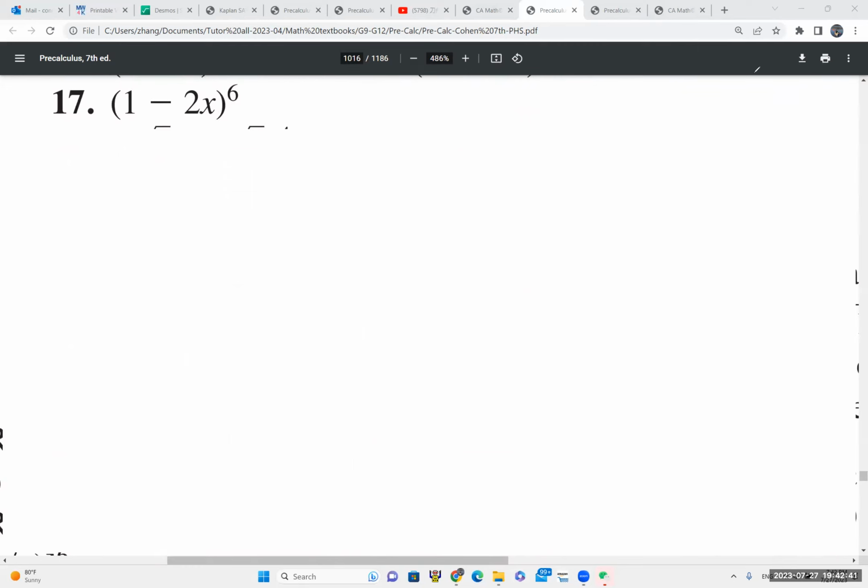Okay, so you just think A is 1, B is negative 2x, to the 6th power. The general formula should be, let me write one by one. The first is 6 choose 0, meaning 0 from 6. We know this equals 1.